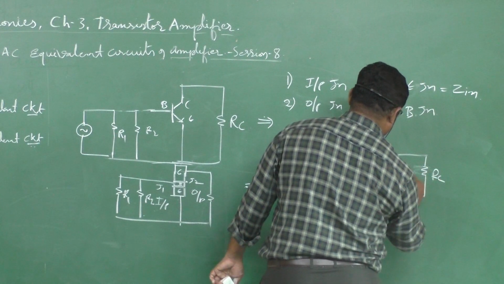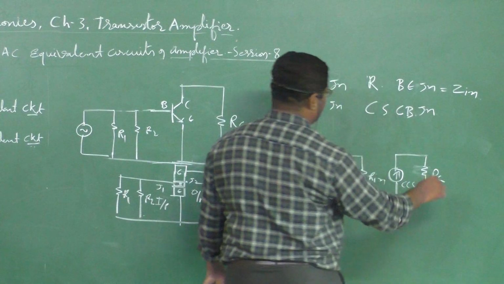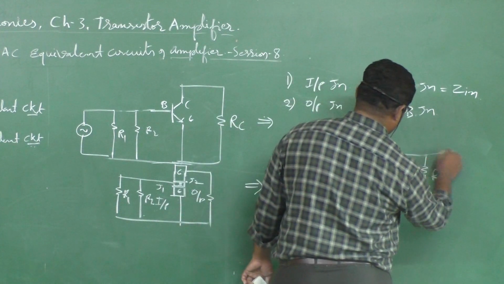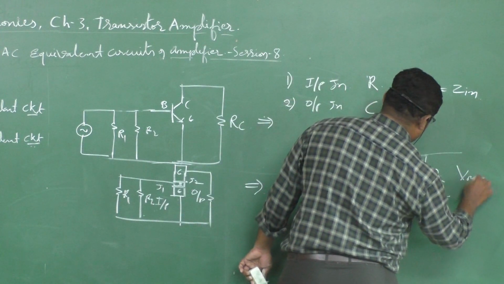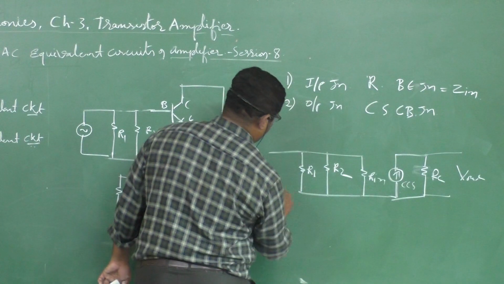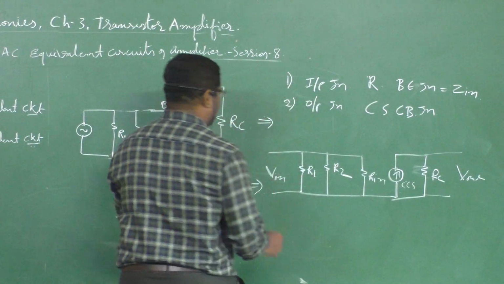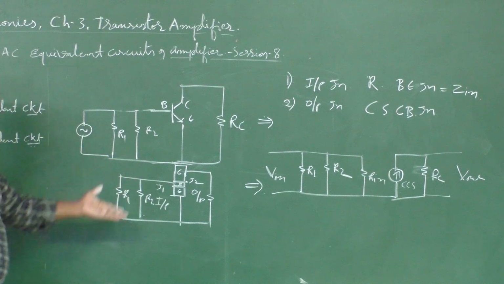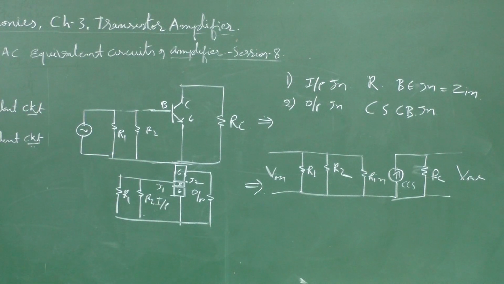So this is the CCS, and this is the collector resistance, and here we get V out, and here we apply V in. So like this we can write the AC equivalent circuit.